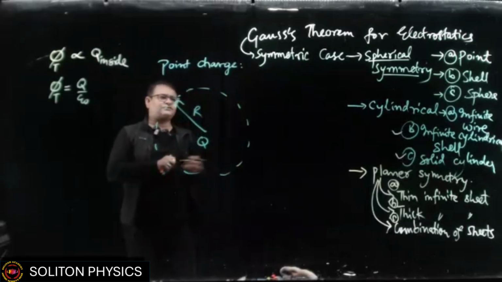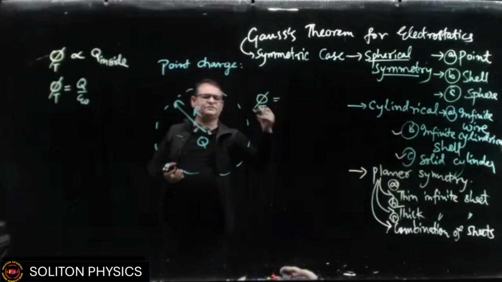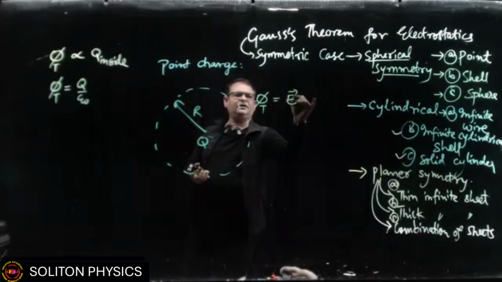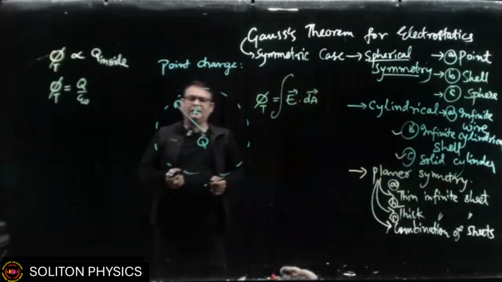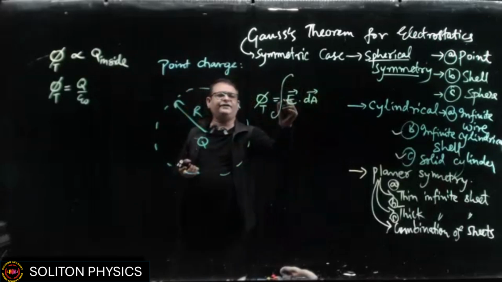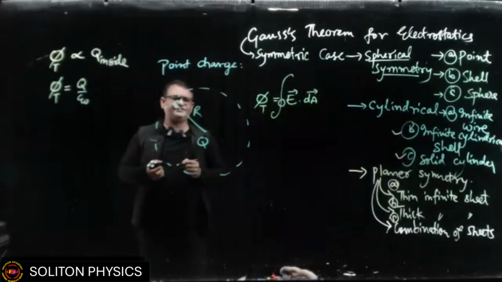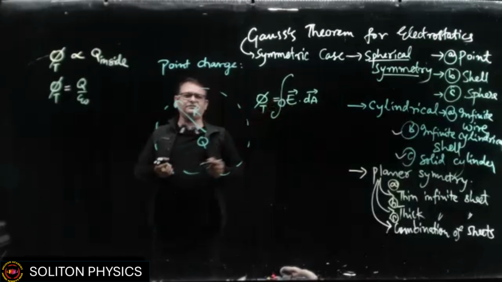According to Gauss theorem, the total flux is the integral of E dot dA. As I said, it's an enclosing Gaussian surface, so every time there has to be a circle on the integral.